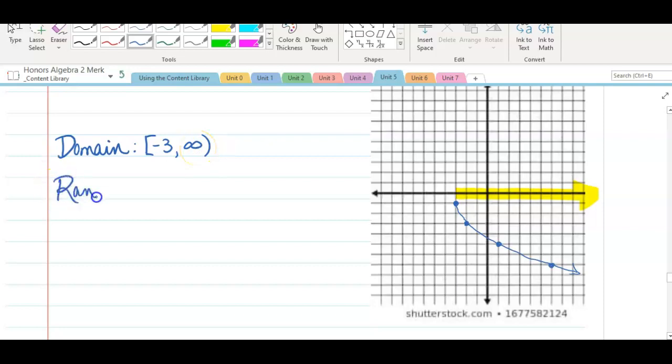My range, my y values. Now I'm thinking about my y values. I'm going to start at the top this time because it's been reflected. I don't have any graph next to me until I get down here. From here down, I have the function graphed. So that is from -1 down to -infinity.